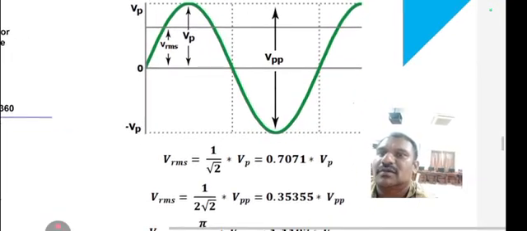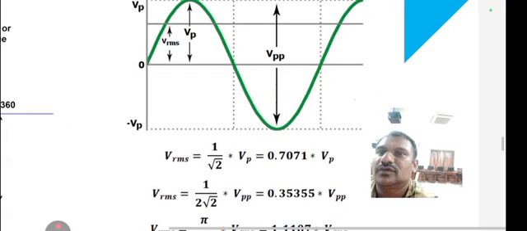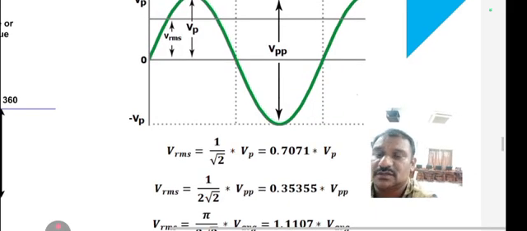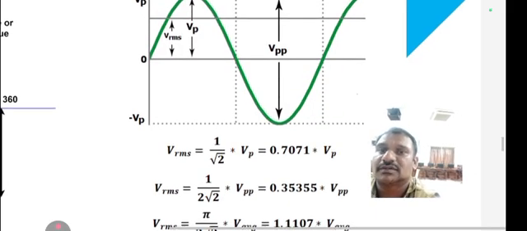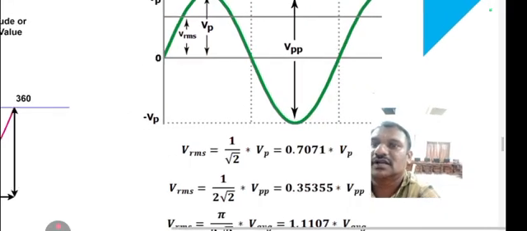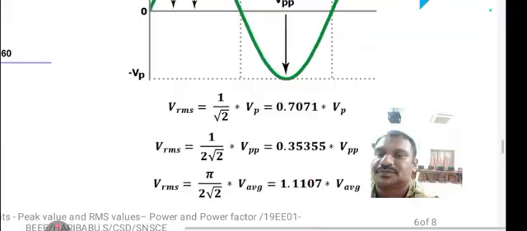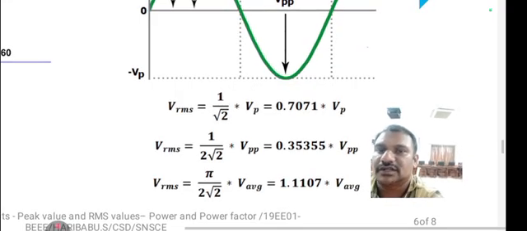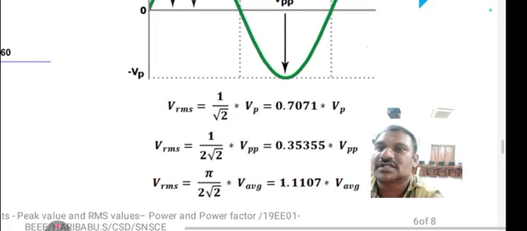VRMS is equal to 1 by root 2 into VP, that is 0.707 into VP, whereas VRMS is 1 by 2 root 2 into VPP, that is 0.35 into VPP, whereas VRMS is equal to pi by 2 root 2 into V average.